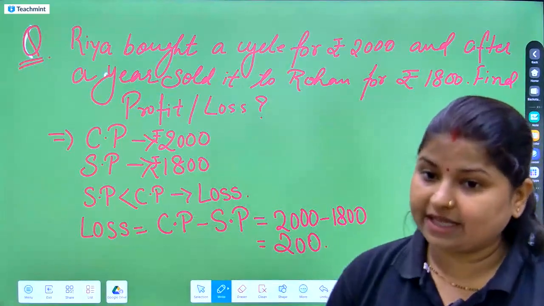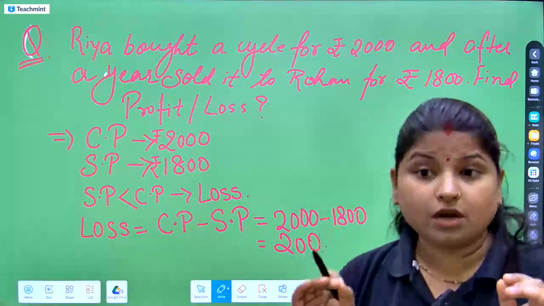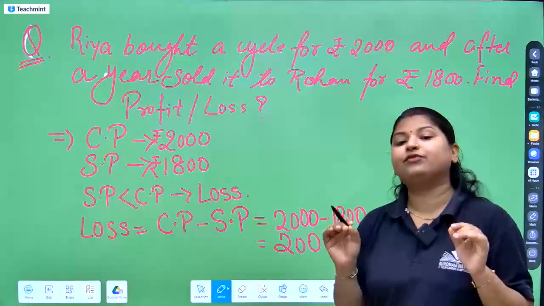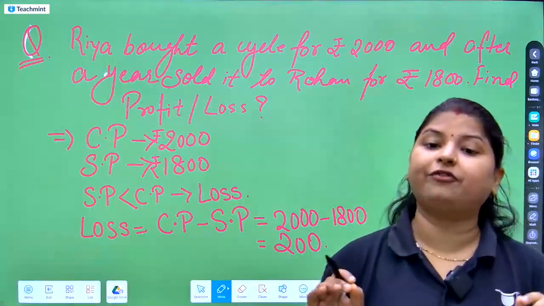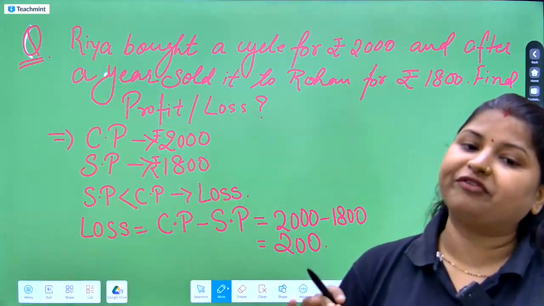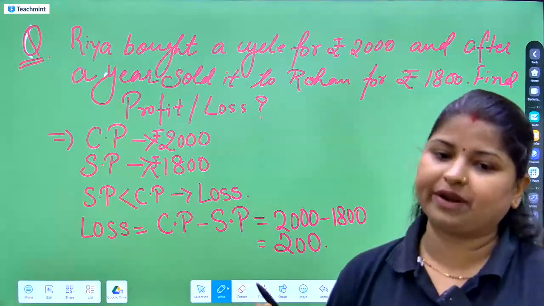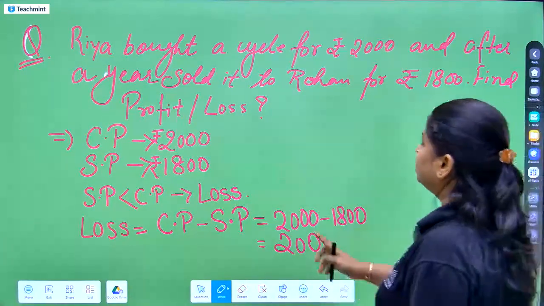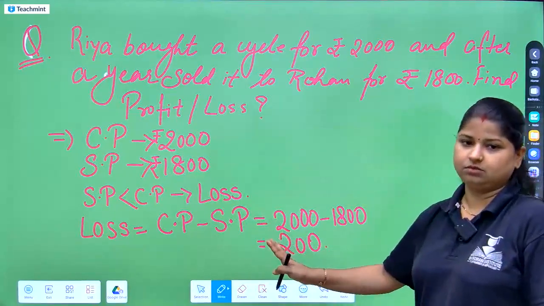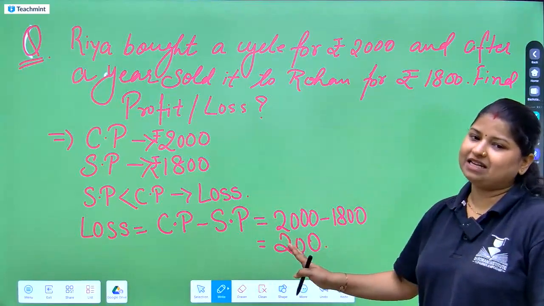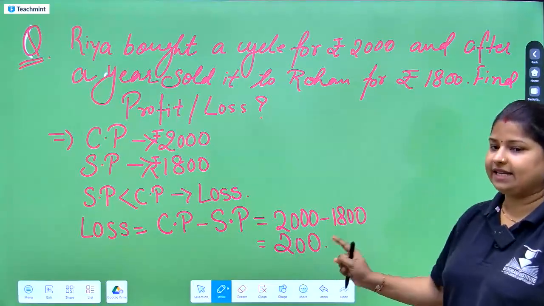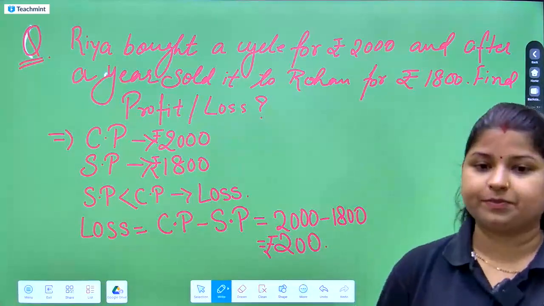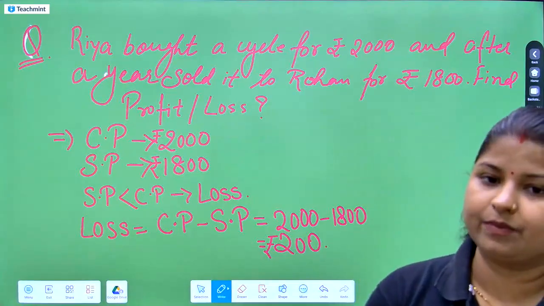Today this is your homework, you have to memorize all the formulas of profit and loss. So loss is CP minus SP, 2000 minus 1800 rupees, 200. This is my loss, just the loss.